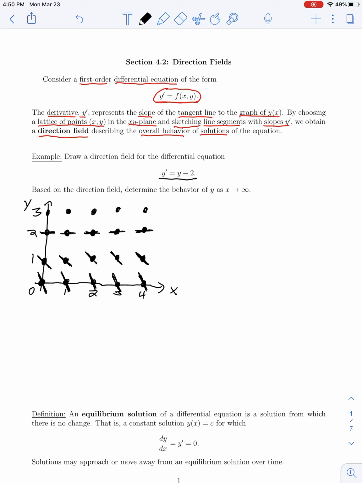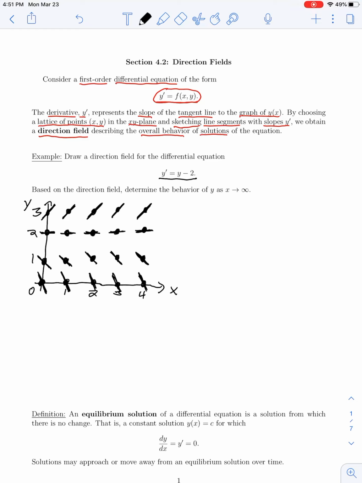And if we were to keep moving upwards, say if y is equal to 3, then we would have a y prime value of positive 1. So now we have a line segment of slope positive 1 for any point that lies on the line y equals 3, regardless of our x value.